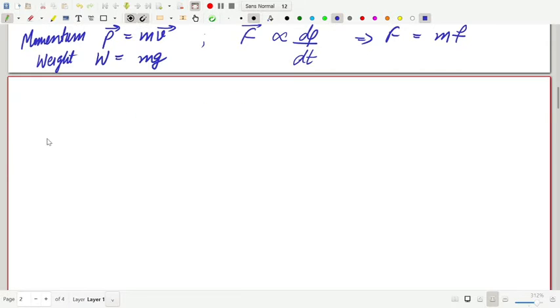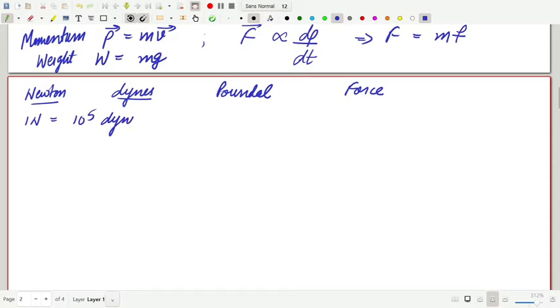Now, some of the conversions. The SI unit of force is the newton, the CGS unit is the dyne, and the FPS unit of force is the poundal. 1 newton is equal to 10 raised to power 5 dynes. 1 ton is equal to 2240 pounds, or 10 raised to power 3 kg.